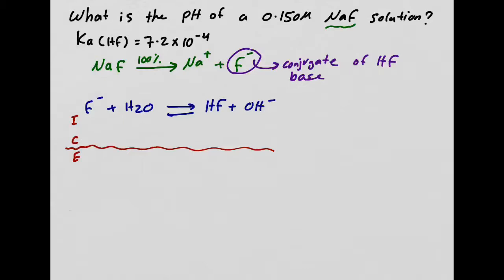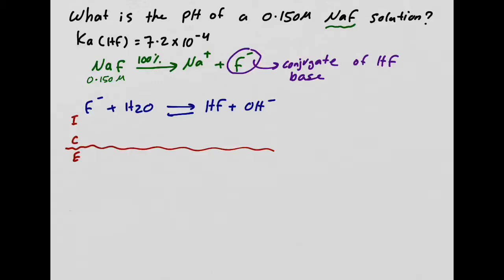Now, hold on. What am I going to do here? What is my initial concentration of F minus? Check this out. The sodium fluoride concentration was 0.150 molar. Sodium fluoride is a soluble salt, 100% dissociated in water. So if I have 0.150 molar sodium fluoride, every single sodium fluoride is going to dissociate.